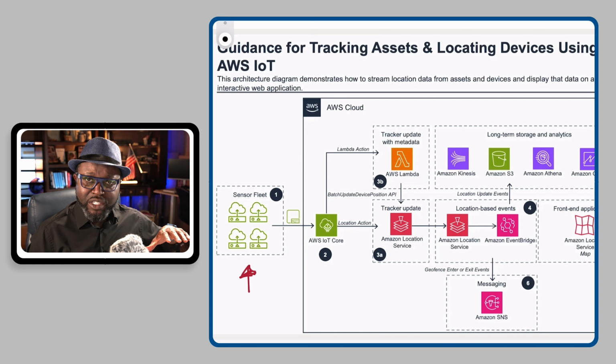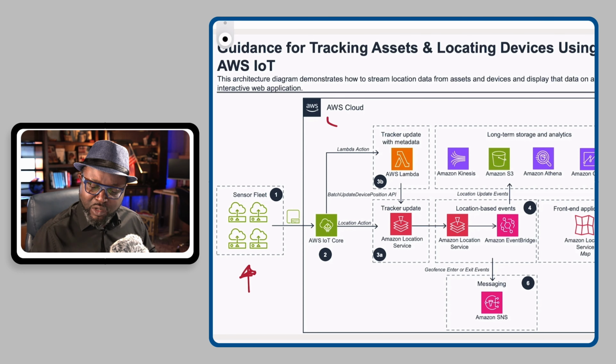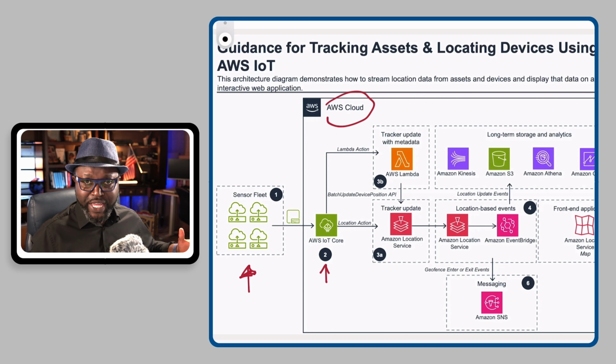The device will have an application which will communicate with your AWS account. And this is number two. AWS offers IoT Core. It's a service, Internet of Things, which allows you to connect one or many devices to your account.